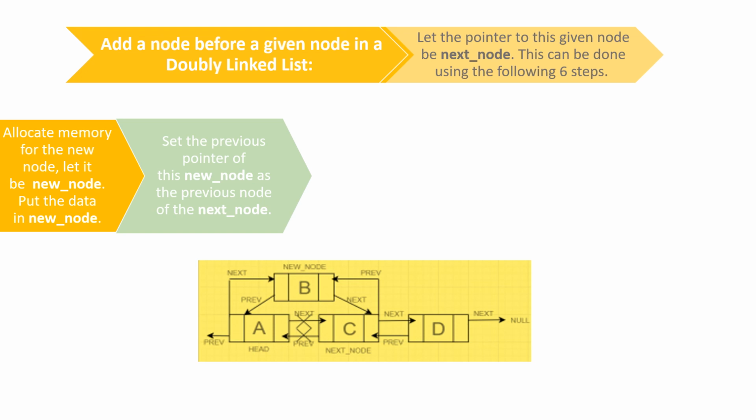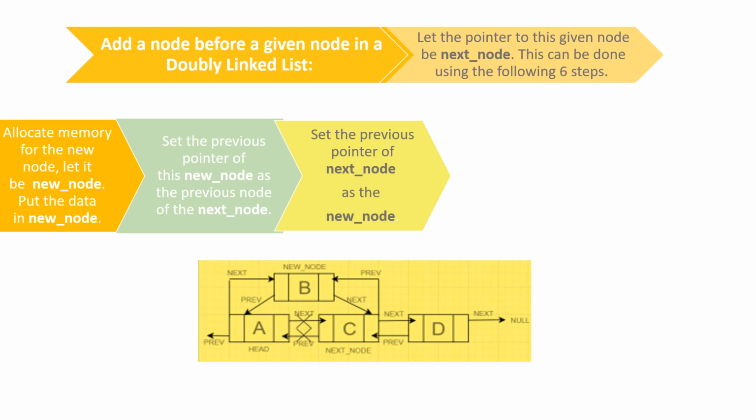of the next node, which is the node A. So we are going to set the previous pointer of the new node as the node A, which is the previous node of the next node, that is C. Now we are going to set the previous pointer of the new node to point to the node A, and now set the previous pointer of the next node, that is node C, as the new node.